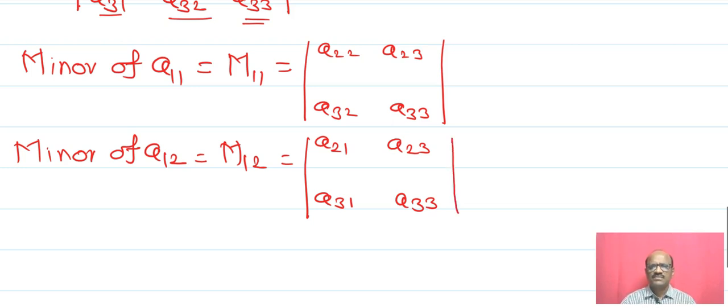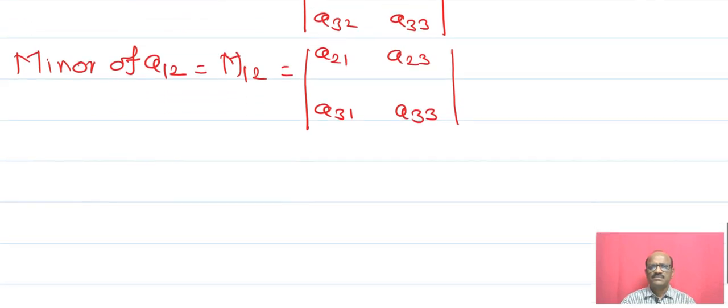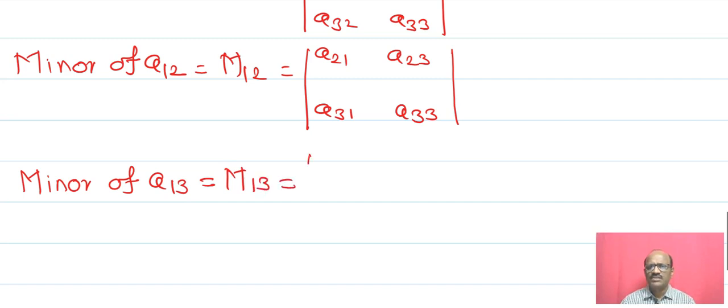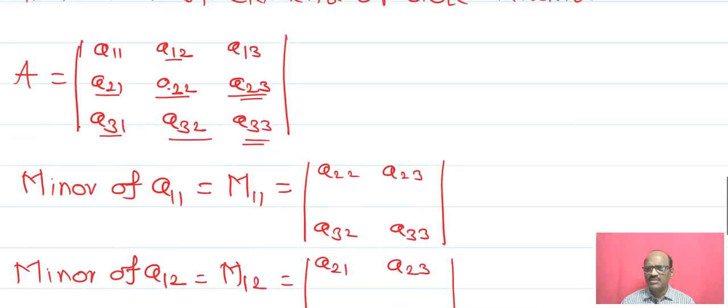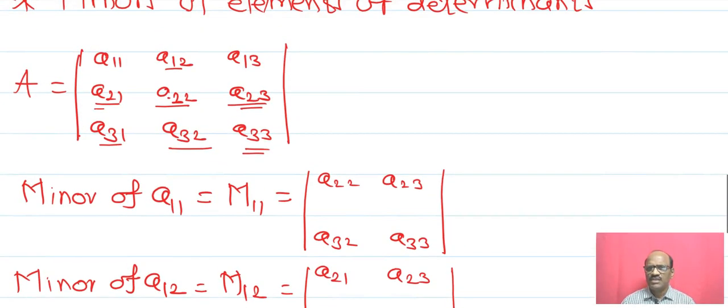Now next, minor of A13. That is M13 is equal to, again they eliminate the element below A13 and in front of A13, that is A11, A12, A23 and A33. What is the remaining?